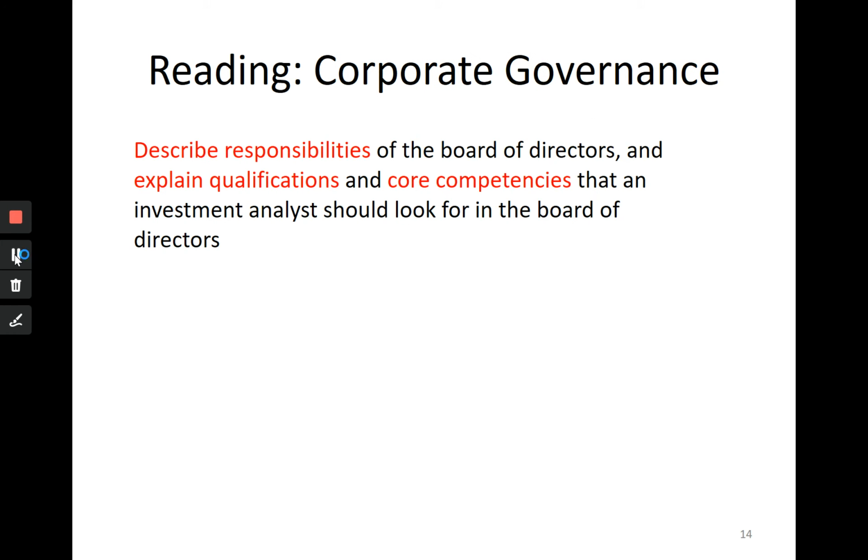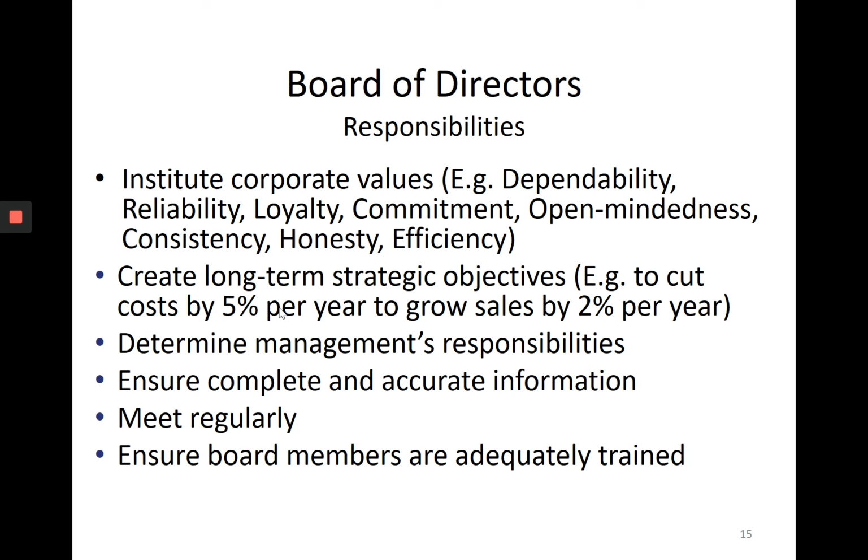Let us now focus on the responsibilities of the board of directors, and if as a financial analyst we are asked to look at the core competencies and qualifications of members of the board, what would we be looking at? One of the responsibilities of the board of directors is to institute corporate values. Examples of corporate values are items like dependability.